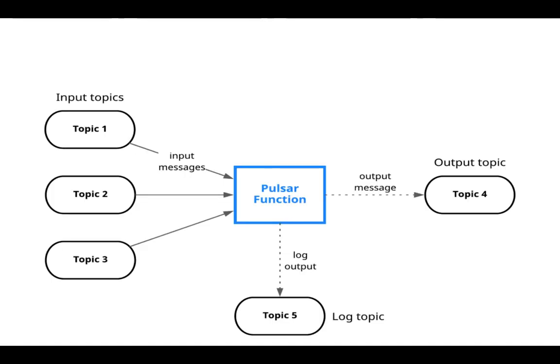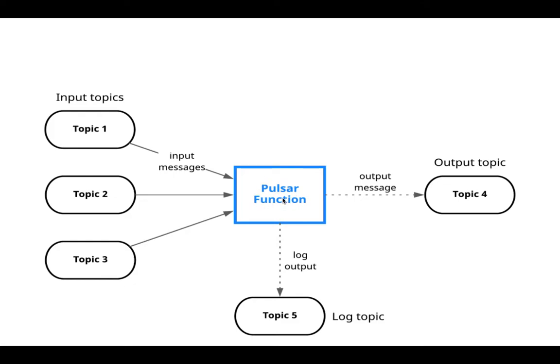Those are simple lightweight compute processes which are easy to deploy, and they have developer friendly APIs. So basically, in a nutshell, Pulsar functions are lightweight compute processes that consume a message from one or more Pulsar topics, which is the input topic here.